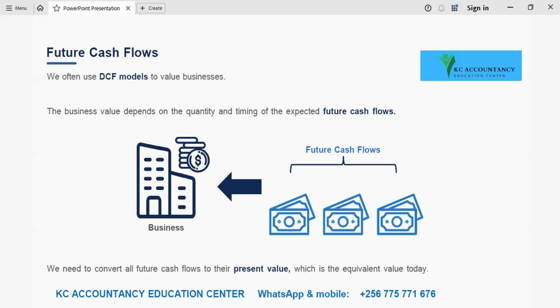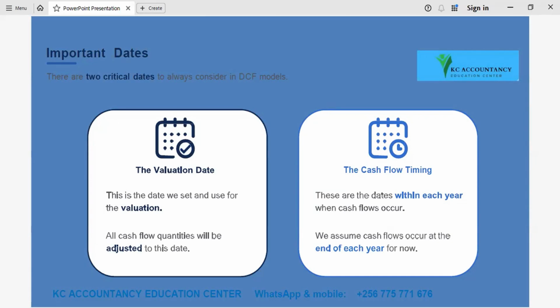Now let's think about something else. Let's think about some really important dates, especially when we are building DCF models. We've been talking about receiving money in year one, receiving money in the second year, receiving money in the third year. So which dates are important to us when we are doing DCF models?